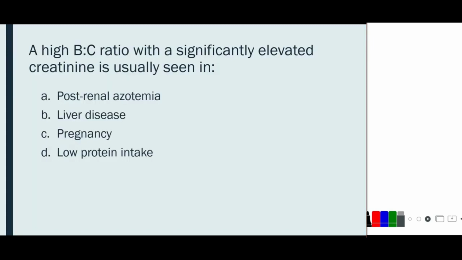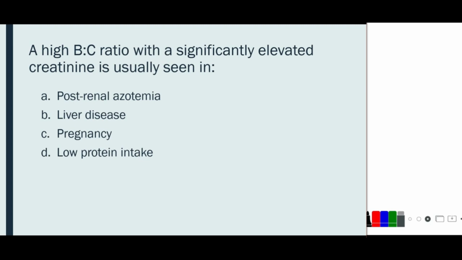A high BUN creatinine ratio with a significantly elevated creatinine is usually seen in letter A, post-renal azotemia, B, liver disease, C, pregnancy, or letter D, low protein intake. So remember guys, diba, that we have mentioned your creatinine is considered as a good indicator of renal function.